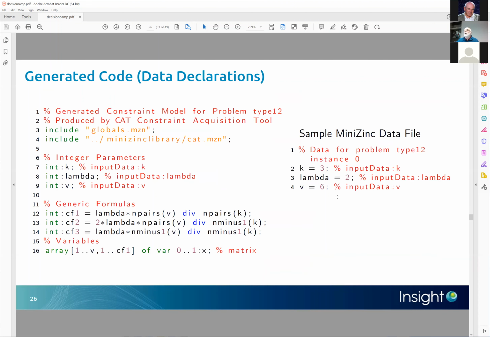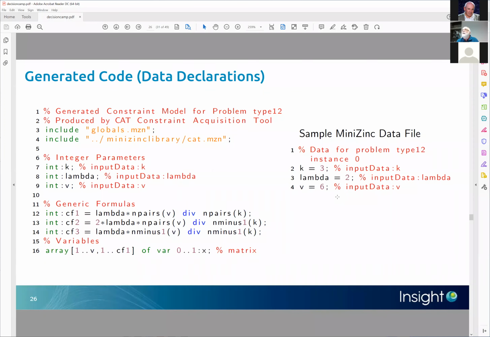The generated code, again, is the thing that is automatically built. There are some formulas which are generated, and they use the input data that are given as the description of the different cases.